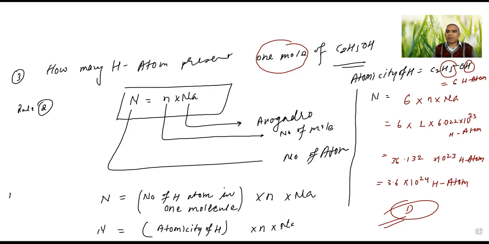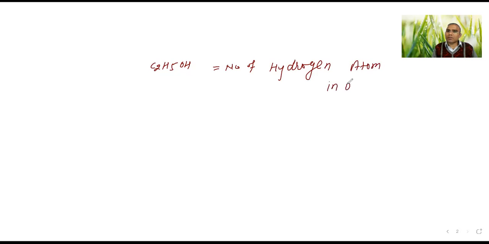Okay, I think you are a bit confused. Firstly, you see C2H5OH is there. If you are talking about the number of hydrogen atoms in one molecule, meaning a single molecule, how many are there?